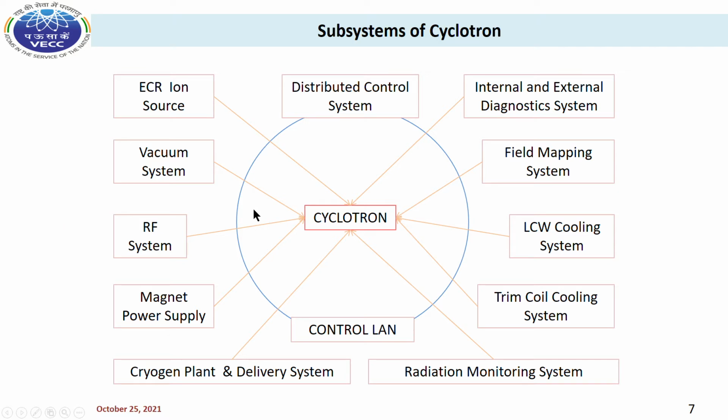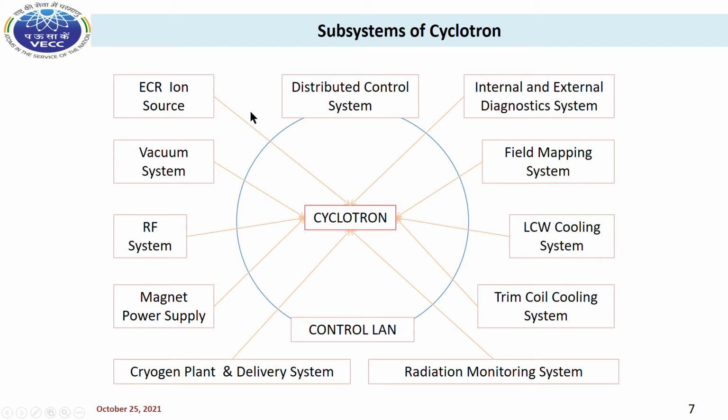Now it shows various components or subsystem of a cyclotron, like ECR ion source, vacuum system, RF system, magnet power supply, internal and external diagnostic system, field mapping, low conductivity water cooling system, trim coil cooling system.